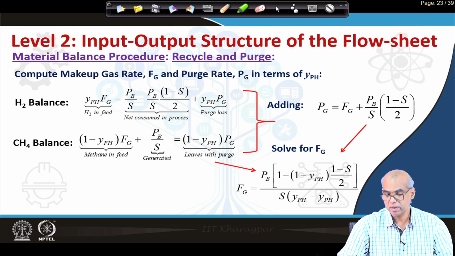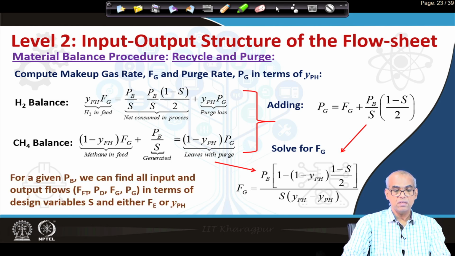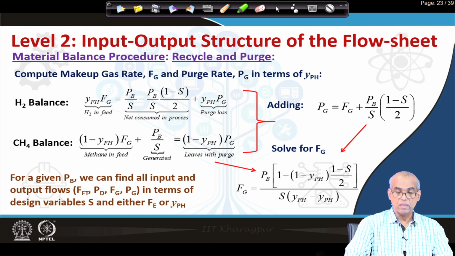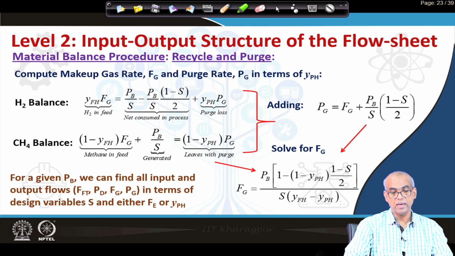So, we are able to express Fg in terms of design variables S and the mole fraction of hydrogen in the purge stream. So, for a given design flow rate for benzene, we can find all input and output flows FFT, PD, Fg, Pg in terms of design variable selectivity and either excess hydrogen Fe or mole fraction of hydrogen in the purge YPH.